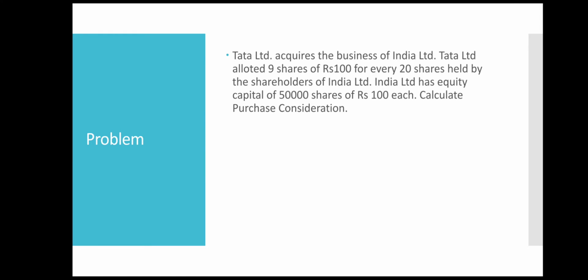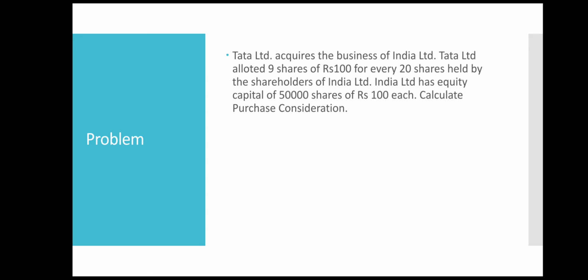India Limited has equity capital of 50,000 shares of rupees 100 each. So the number of equity shares of India Limited is given to you, that is 50,000 shares, and you have to calculate purchase consideration. For that, first you need to calculate the number of shares that will be received by the shareholders of India Limited, so we have to calculate the ratios.